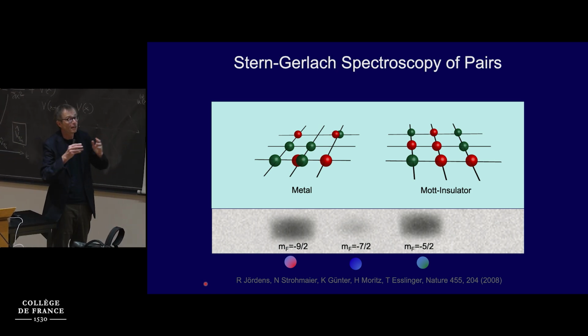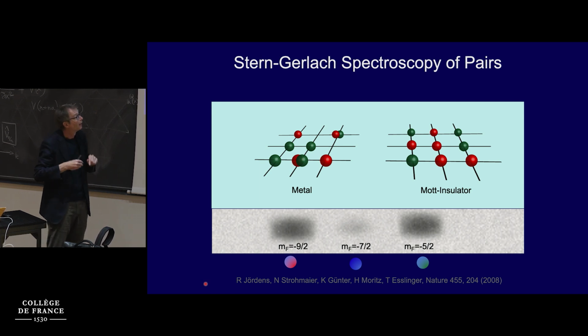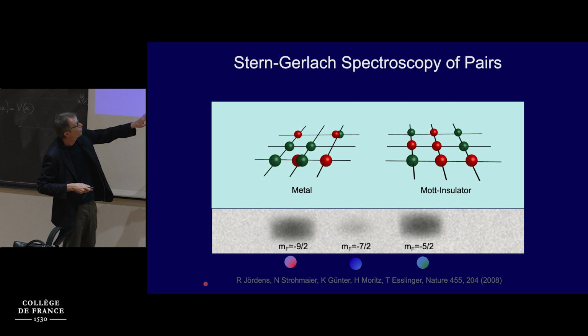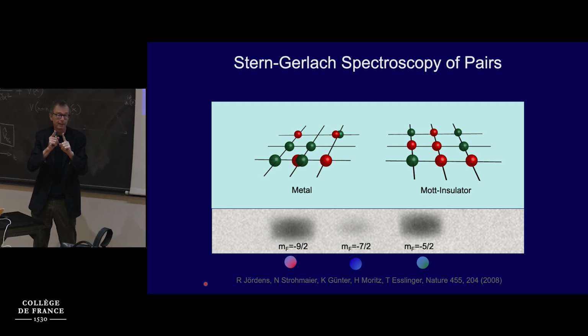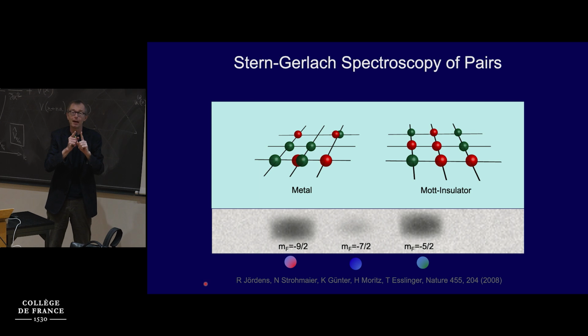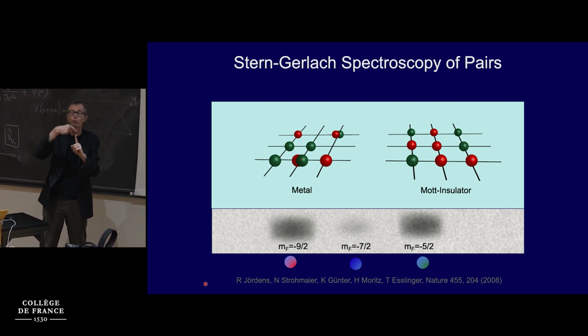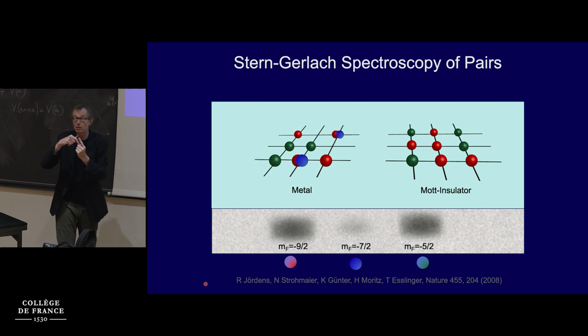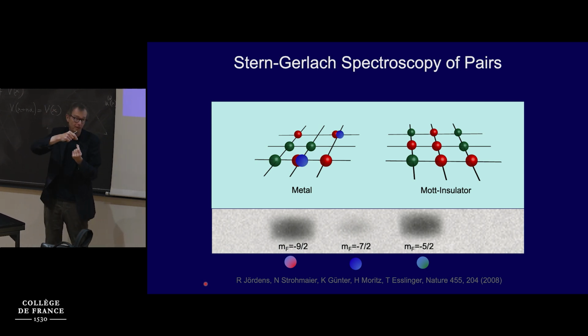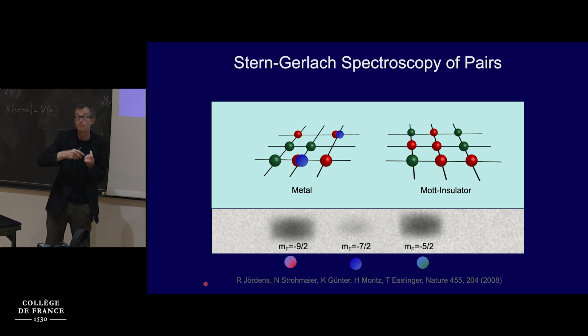And there we use that we have, in principle, even more Zeeman substates. What we do is, if two atoms are on the same site and they interact, we can selectively transfer those where we have two into a third state, because the interaction shifts the frequency of the spectroscopy pulse.